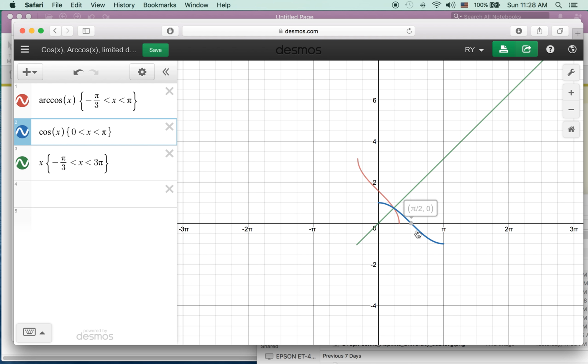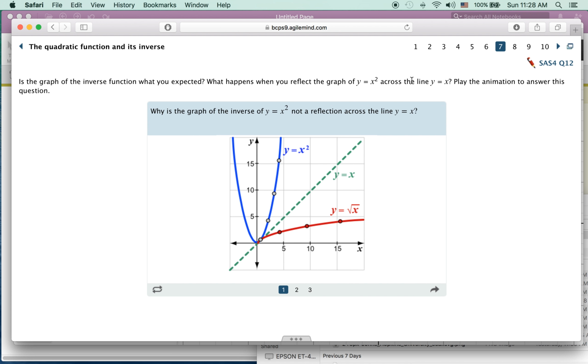So we took a small chunk of this function and inverted it. Domain restrictions are how we work with the invertibility problem.